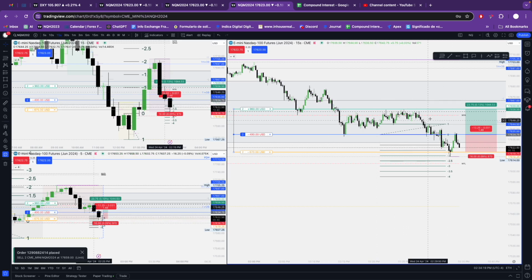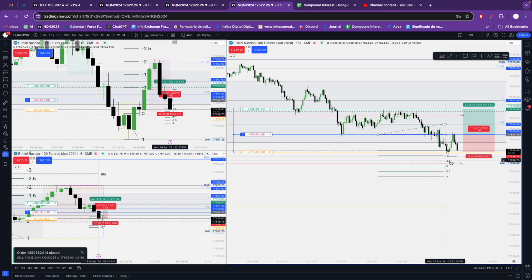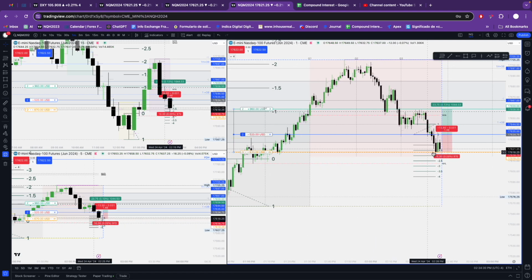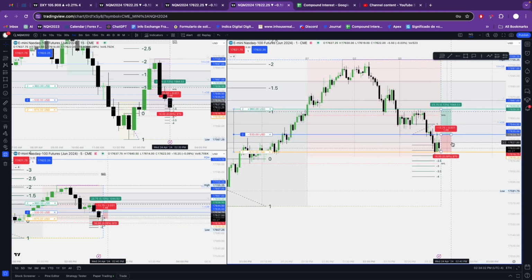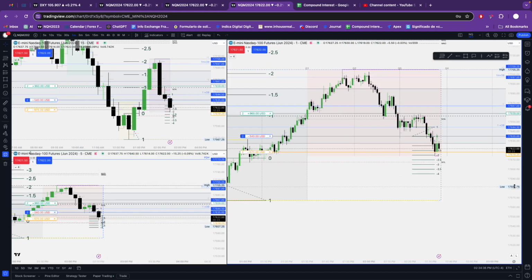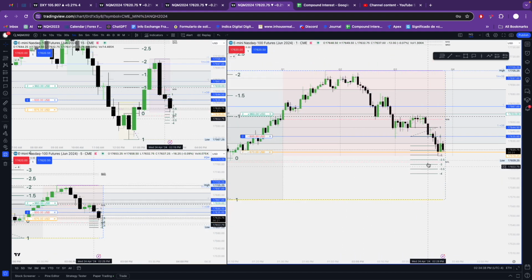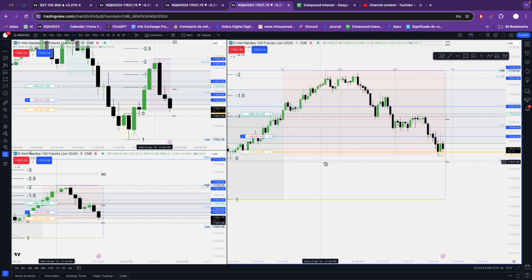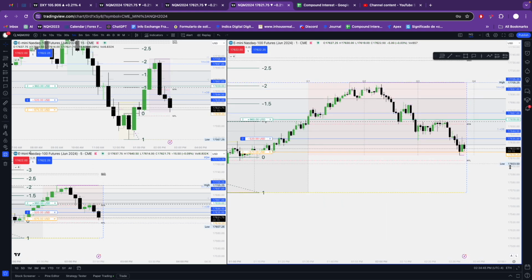Accumulation. Accumulation. Boom. Let's see. This price gonna get hit. And what is this? Bearish for the block. That's all that this is.